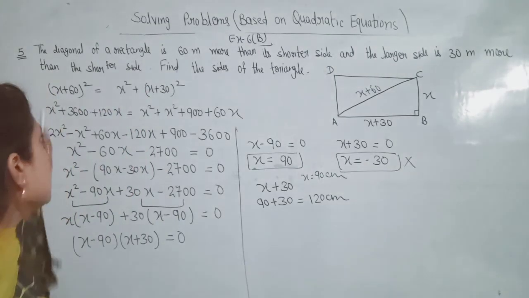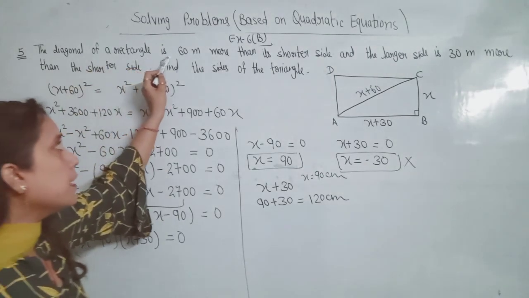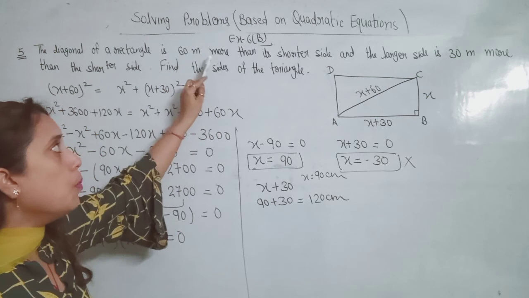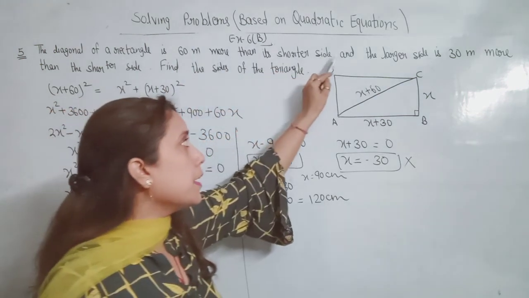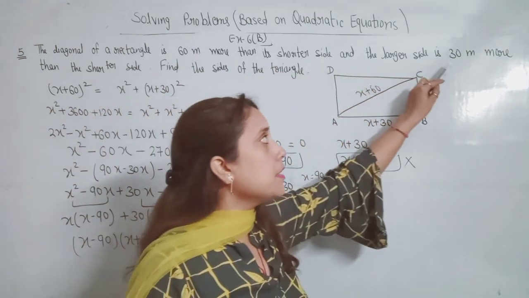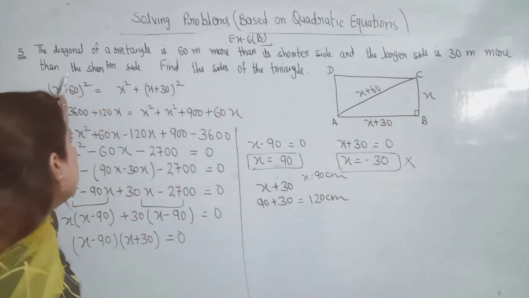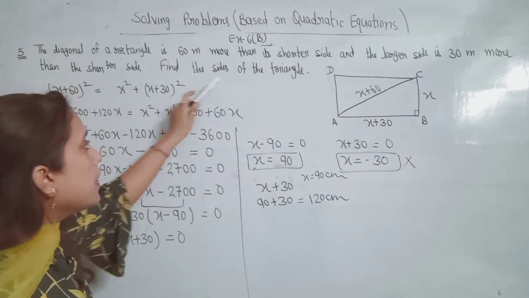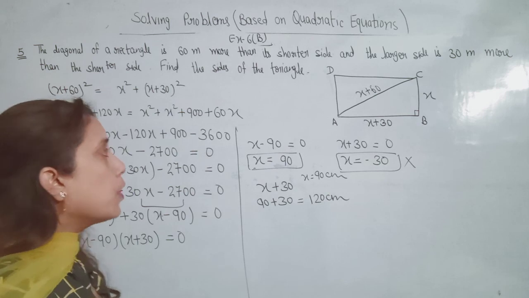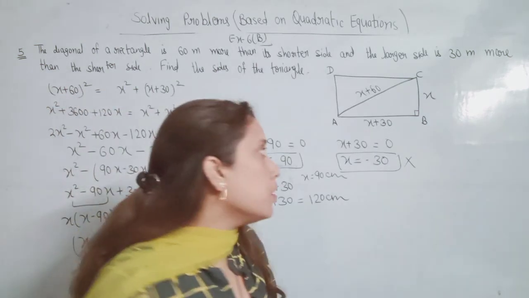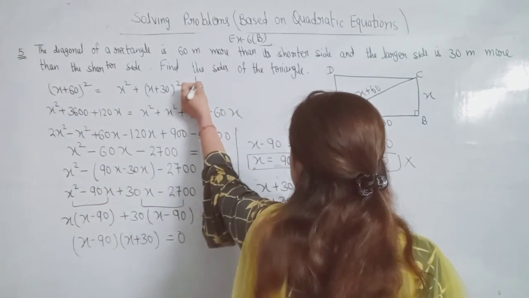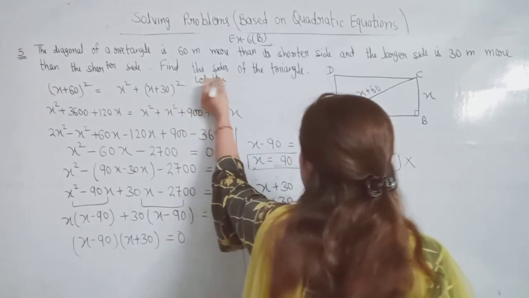The question is: the diagonal of a rectangle is 60 meter more than its shorter side, and the larger side is 30 meter more than the shorter side. Find the sides of the rectangle. Okay, so first we let the shorter side be x.